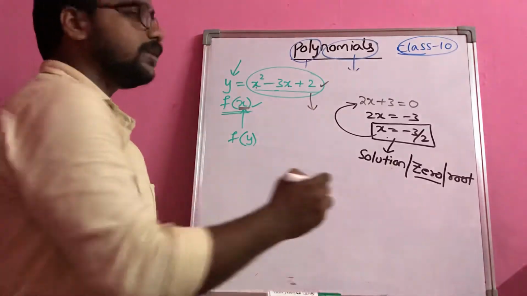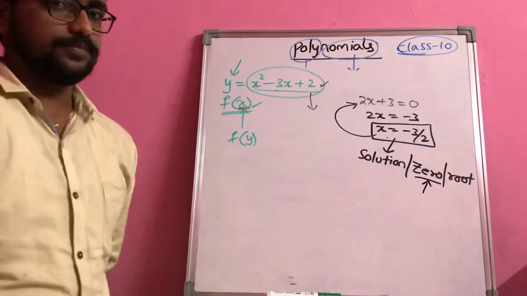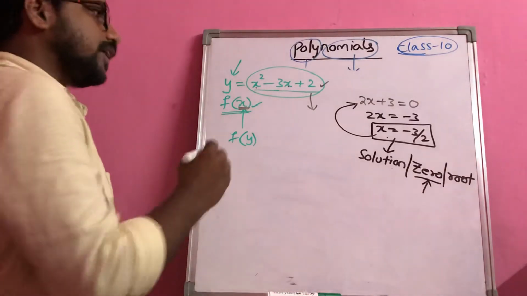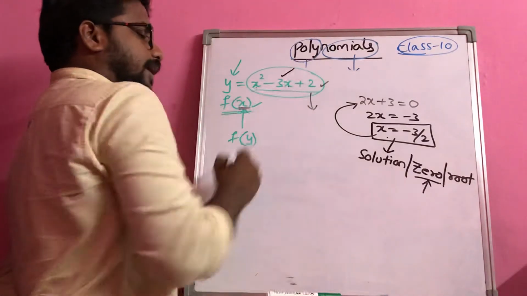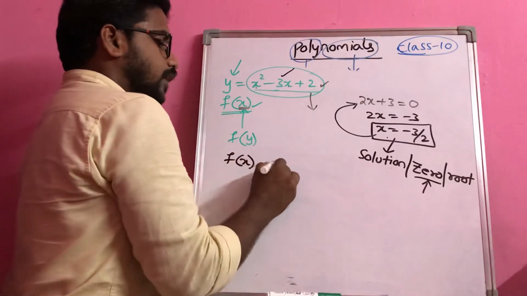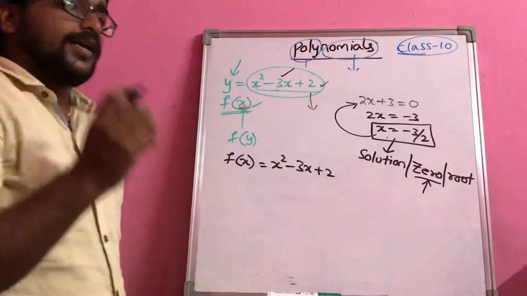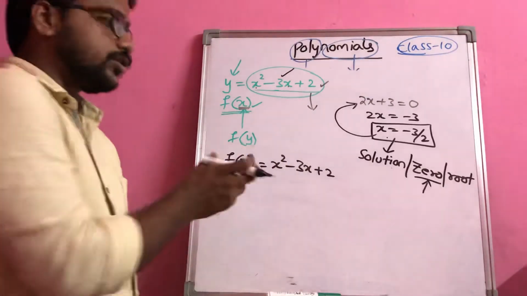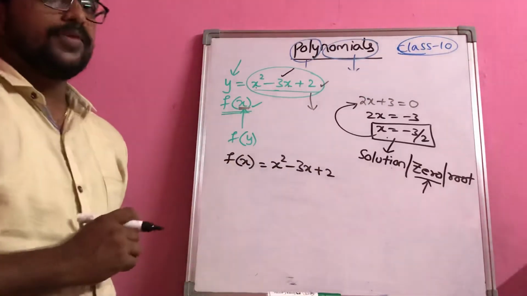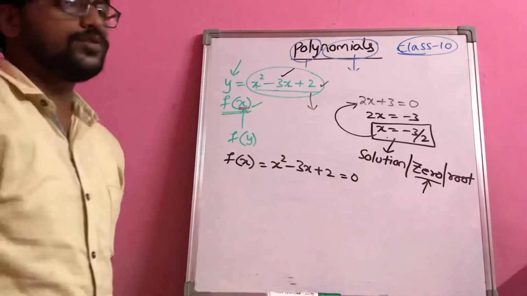That is the reason why we are naming this as a 0 of this equation. So whenever you are having any expression like this, f of x is equal to x square minus 3x plus 2, if you have to find out a solution for this, we have to make it an equation by equating to 0.